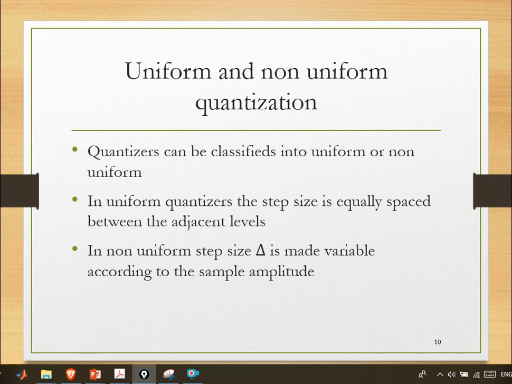I adjust my delta so that I can always capture the details of my signal without sacrificing performance. The step size is equally spaced in uniform, while in non-uniform the step size is changeable and variable according to the sample amplitude. Clear?